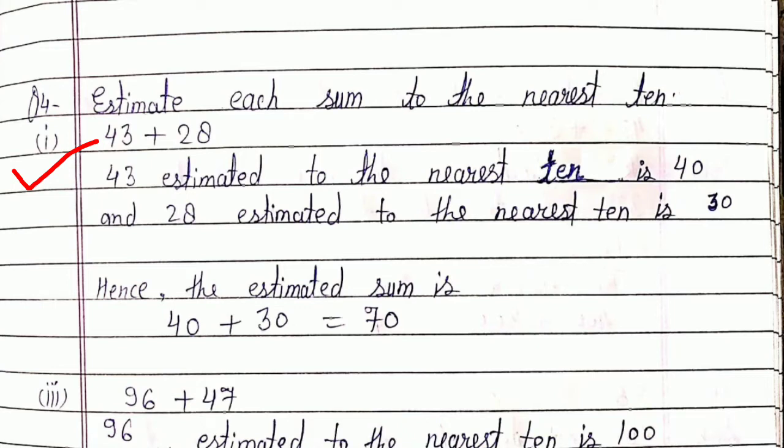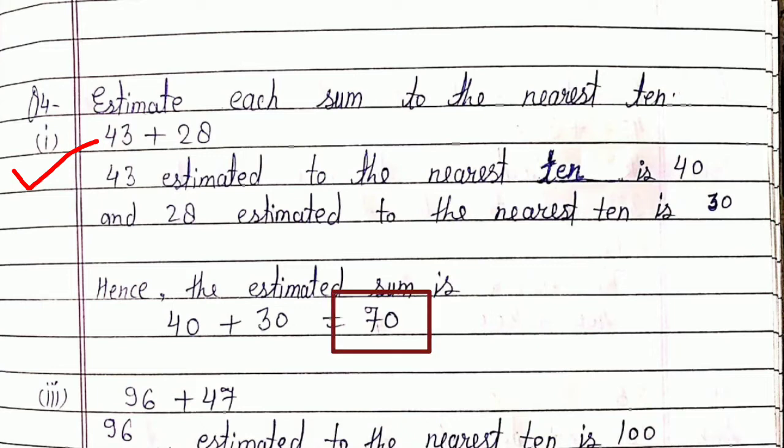Now the second number 28 estimated to the nearest 10. Here ones place 8 is there which is greater than 5. So we will add one number to the rounding place. Then the nearest 10 is 30. Hence the estimated sum is 40 plus 30 which is equals to 70.